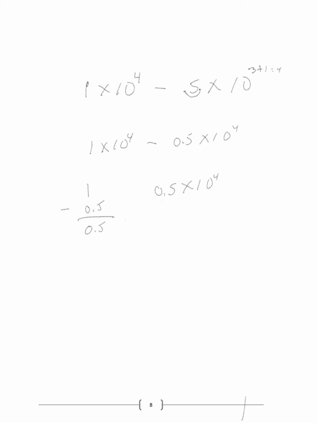Now I can't have this number less than 1, so I'm going to have to change the exponent. I'm going to move the decimal place one place to the right. If I move it one place to the right, I need to subtract 1 from the 4. And I'm going to have 5 times 10 to the third, which is going to be my answer.